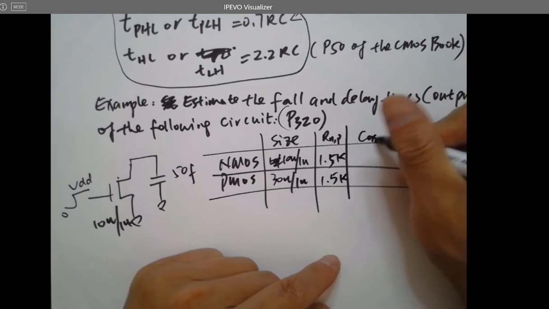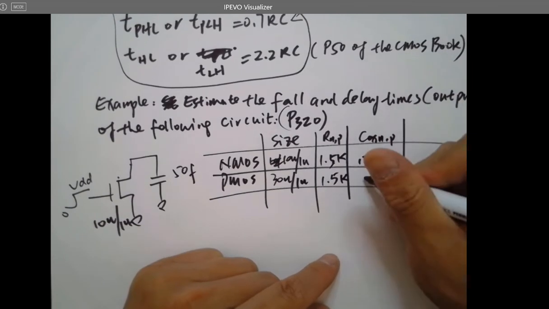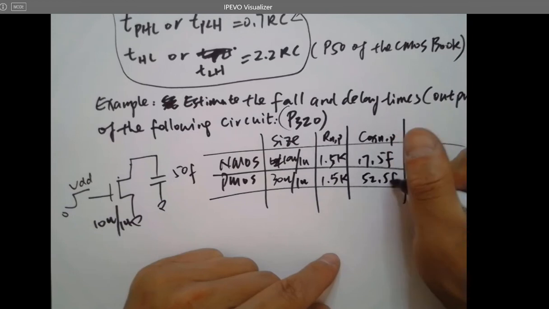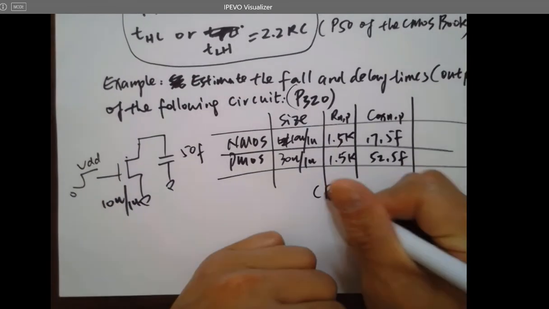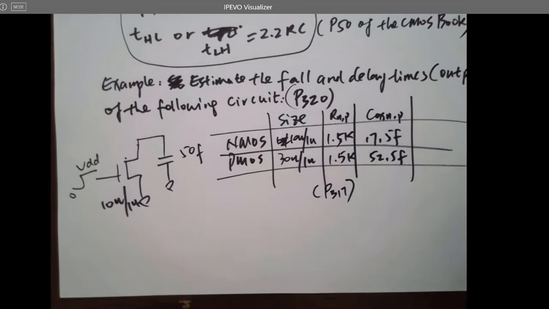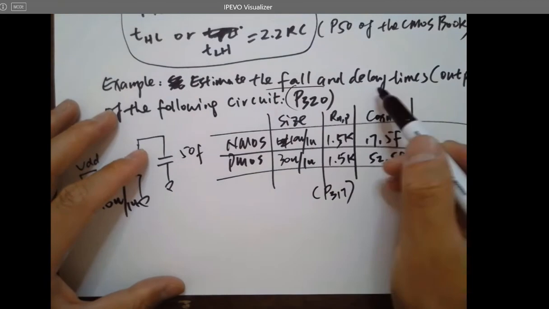Then Cox N is 17.5 femtofarad, and this is 52.5 femtofarad. This table can be found on page 317 of the textbook. It's using the 1 micron technology for educational purposes, right? It's not fabricatable. So it's asking for the fall time and delay times.